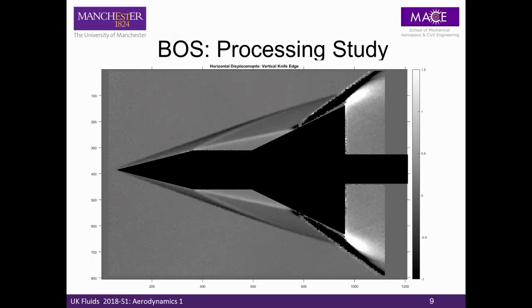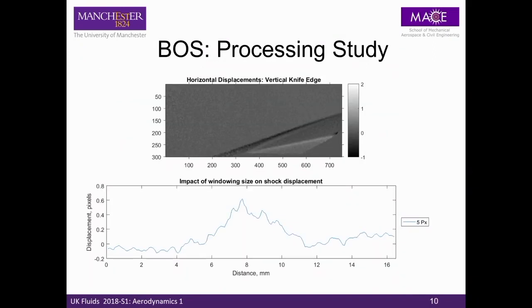Before I started to look at the impact of things like the free stream density, I performed a processing study to work out which is the best algorithmic approach to track out these displacements. So I took a series of different windowing sizes. I started with 5 pixels. You can see we've got good capturing of the sharp shock discontinuities through the conical shock.